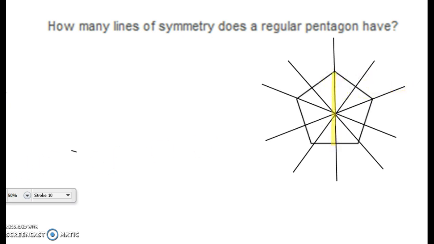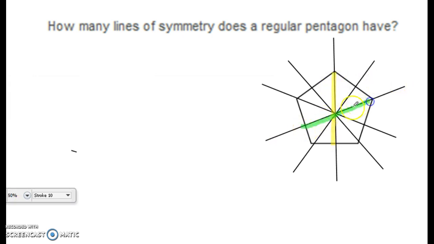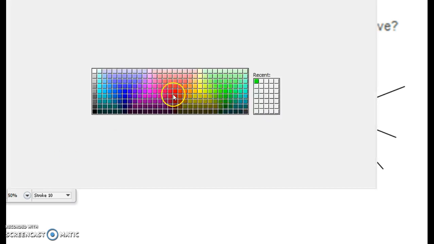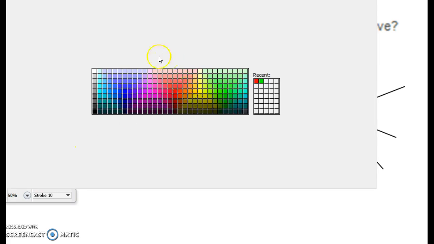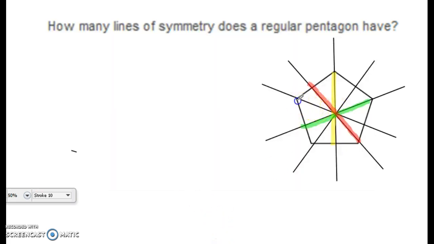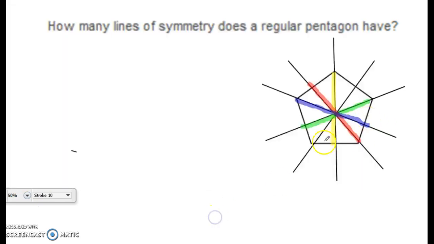We have 1, 2, 3, 4, 5. So a regular pentagon has 5 lines of symmetry.